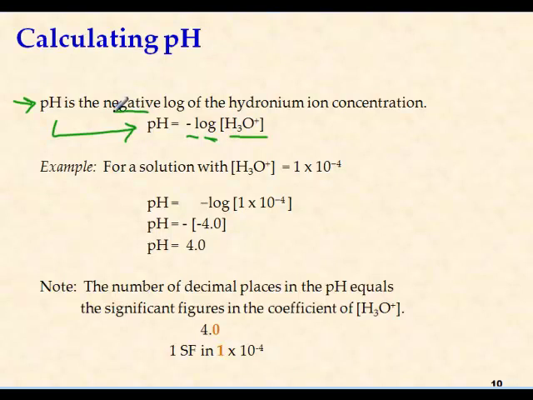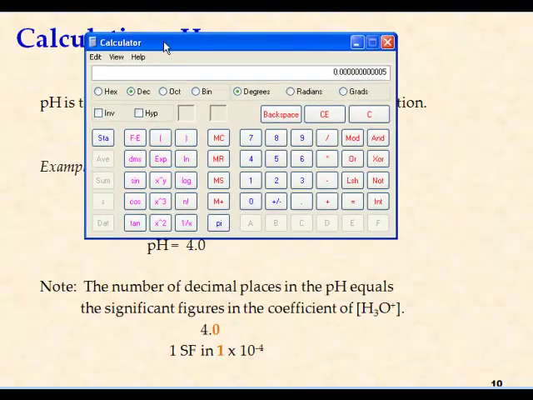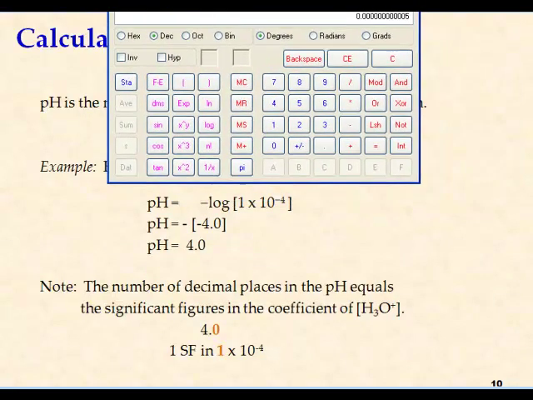Notice the hydrogen ions are present in the square brackets. So for example, for a solution which has a value of 1 × 10^-14, let's play with our calculator to see how to determine the pH. We are going to use scientific calculators for this purpose.